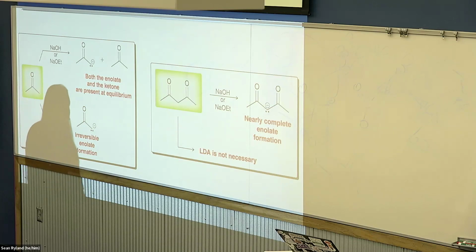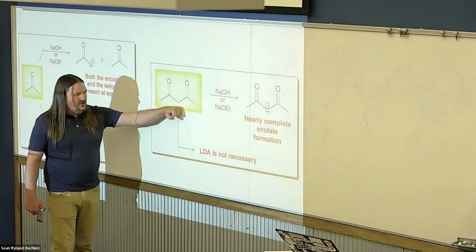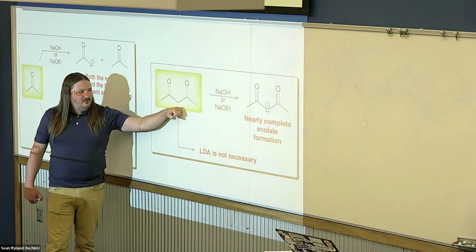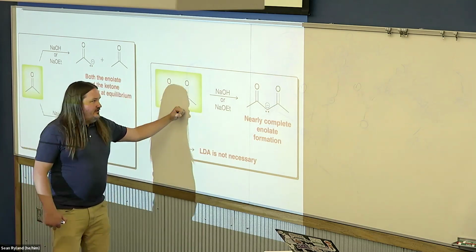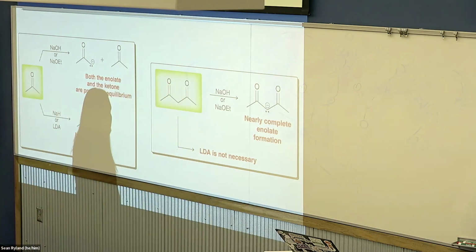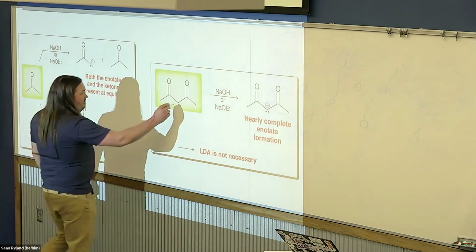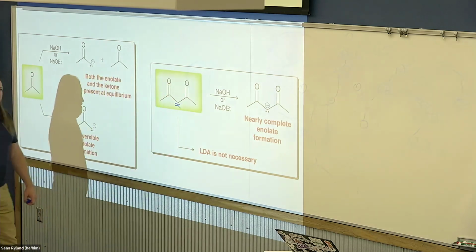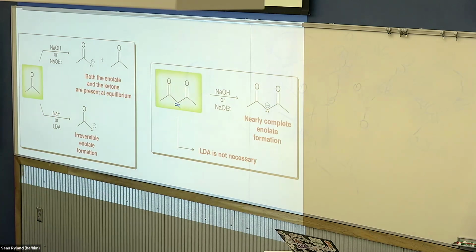And if we have a beta diketone, like that one we talked about earlier, the alpha carbon right in between the two is so acidic that we could just use sodium hydroxide in that case.